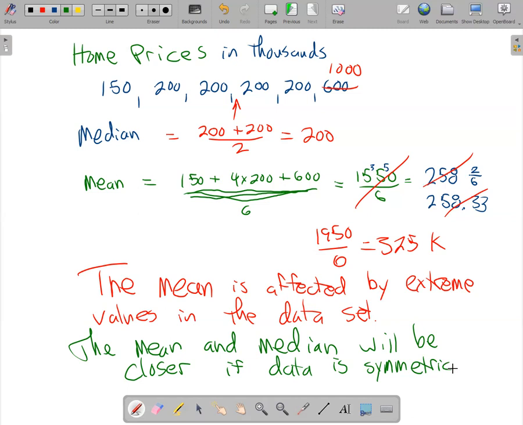So in this case, symmetric would be, the middle according to the median is 200. If I go back to the 600, that was 400 higher. We would want some numbers that are 400 lower than the median to make it symmetric. Right? We'd have balance on the left and the right.